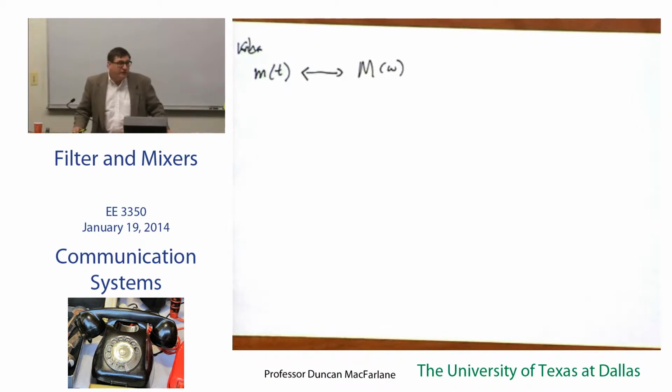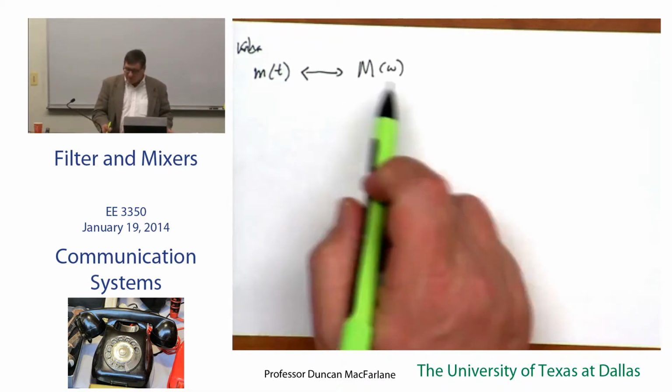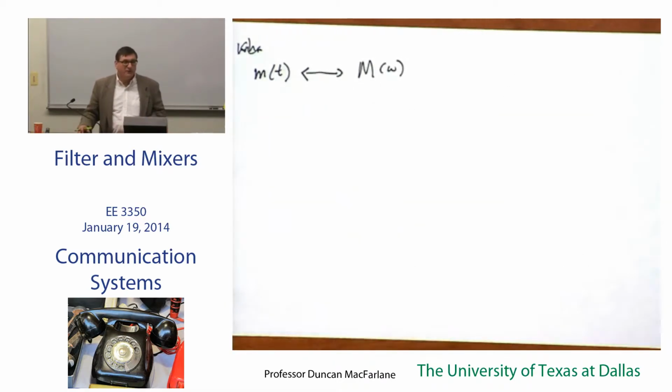In other words, for voice, I know that M(omega) occurs only for say up to 2 kilohertz. If it's music, maybe up to 20, 30 kilohertz. If it's video, maybe 30 megahertz. So I know something about the frequency content of M(omega), even though I know nothing about the details of m(t). Which is another motivation for why we want to think about what's going on here in the frequency domain, because I know something about that.